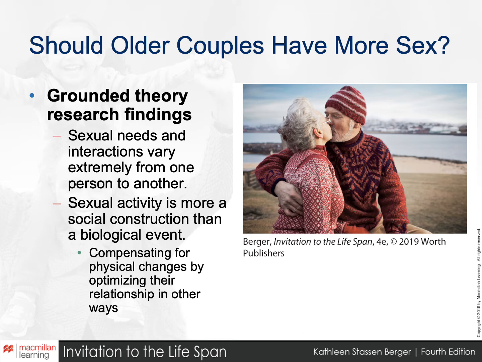So basically what this research has found is that obviously sexual needs and interactions do vary from person to person, and I think that goes throughout the lifespan as well. It's not limited to older adults. And then there are certain ways that older adults compensate for their physical changes by optimizing their relationship in other ways, as you can see here.